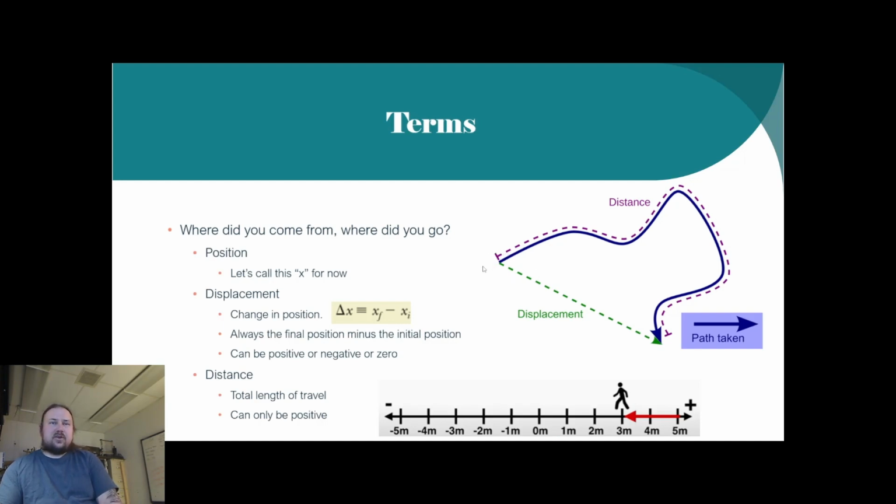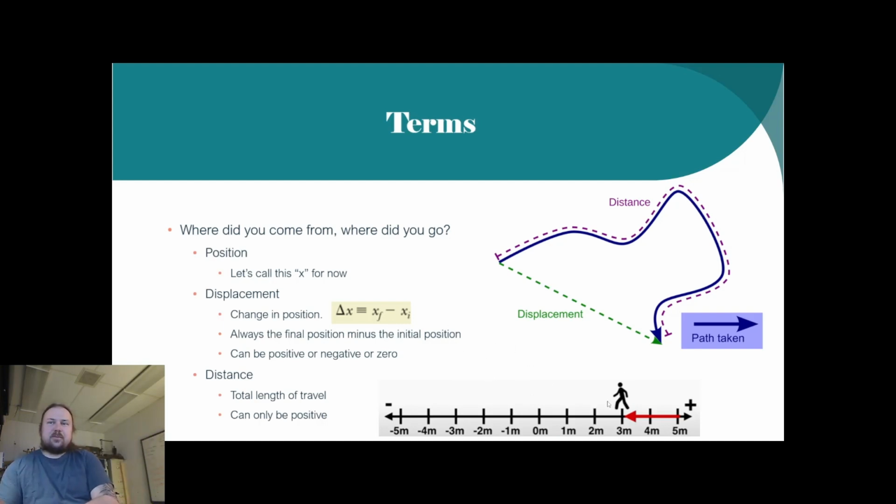So it's good to note here, too, that this can be positive or it can be negative. It depends on how you want to set up your axes. Traditionally, if you travel to the left, it's considered negative. If you travel to the right, it's considered positive. So think of like a graph, like an XY plot, right? If you're on the positive side of the x-axis, past the 0 point, everything counts up into the positives, and it counts down into the negatives as you go to the left of it.